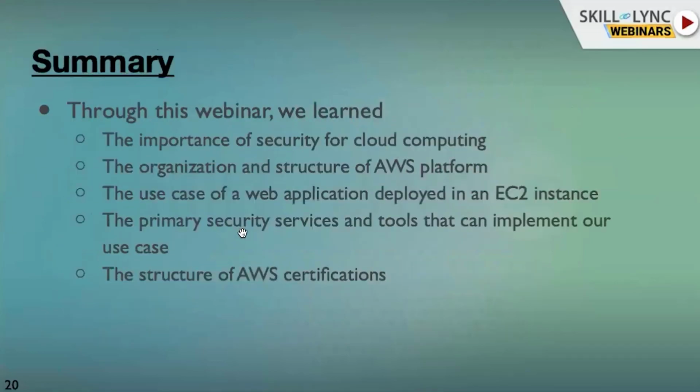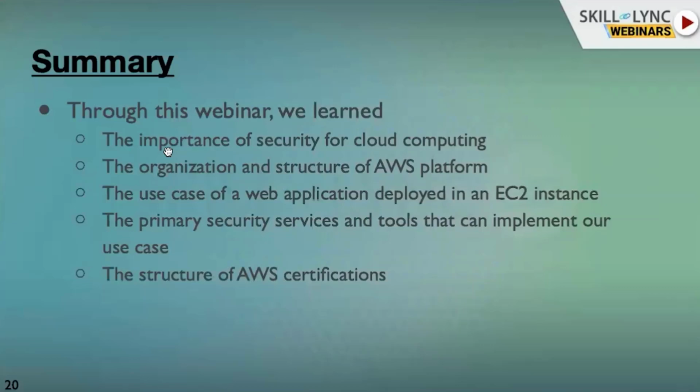Summary. So we have gone through the use case, how we can secure our website which is hosted in a cloud environment. We've gone through the organization structure of the AWS platform, using the OUs and members in IAM.